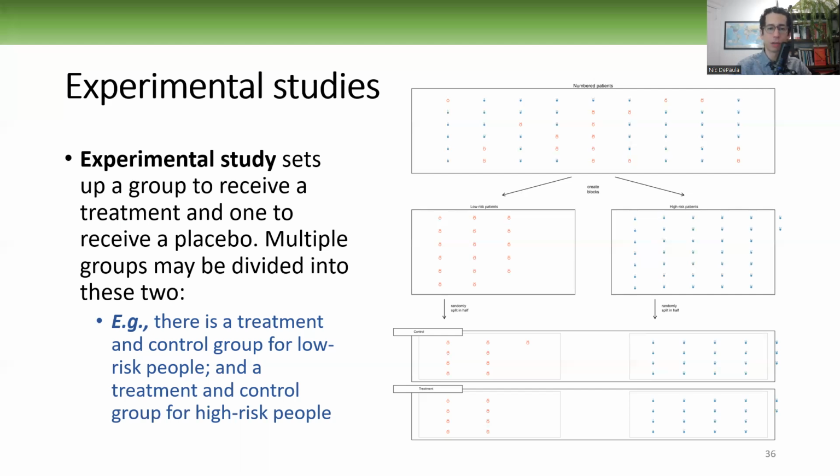So for example, when we're talking about COVID-19 or maybe cancer, we can't just take the whole population and test a new treatment on the whole population with treatment and control. We may need to create blocks of a low-risk population and a high-risk population. And within these two blocks, we have a control group and a treatment group, so we can better assess the effect of the treatment in the different populations.